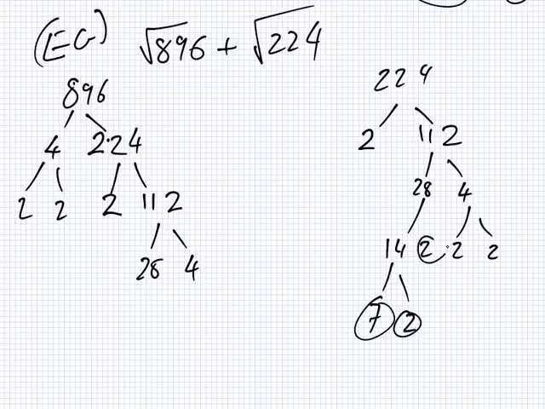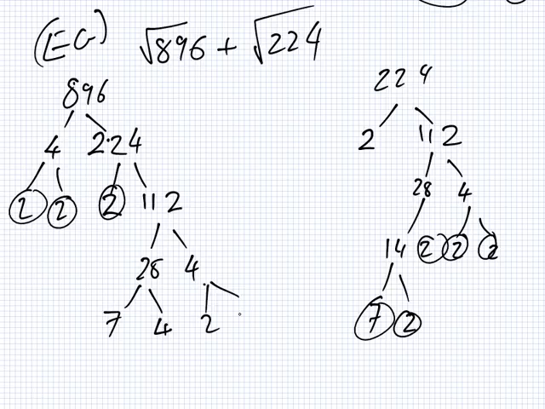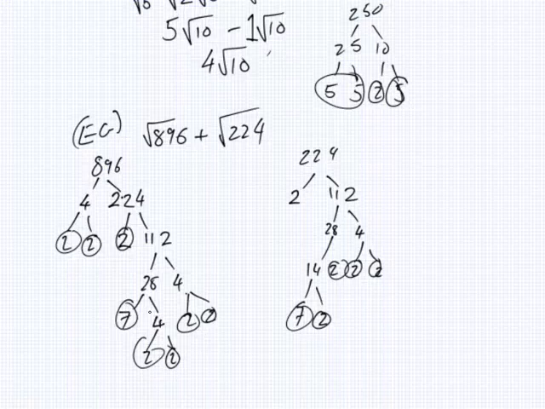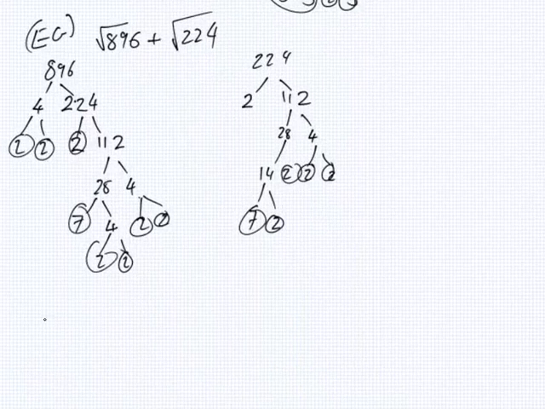7, 2, 2, 2, 2, and here 2, 2, 2. Whew, 7 and 4. Yeah, isn't it? 2, 2, 2, 2, 2, 2, and 7. Right. Okay, so 896.